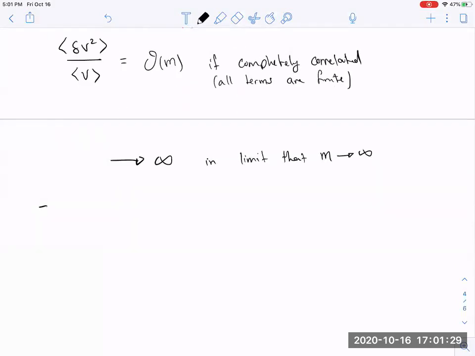So the combination of long-range correlations, such that all of the terms in the sum are non-zero, and the thermodynamic limit, in this case M getting really large, gives rise jointly to diverging fluctuations, and therefore to diverging response, because fluctuations are always proportional to response.